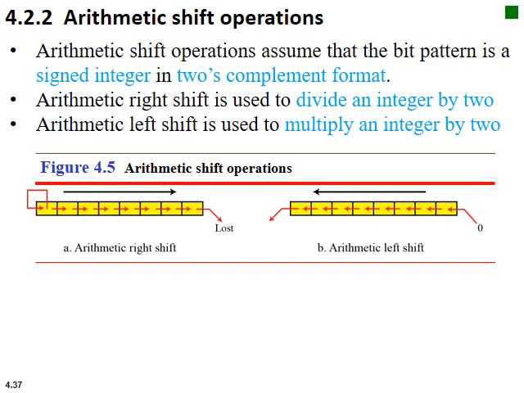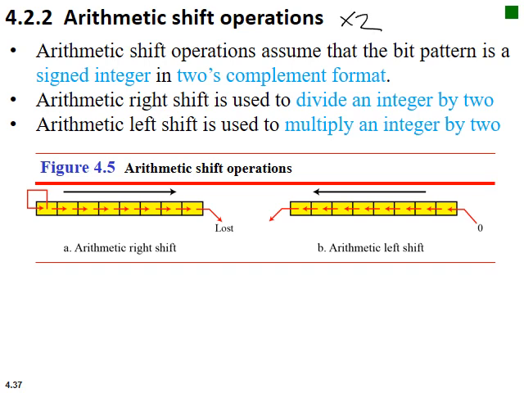Now the arithmetic shift operations will perhaps make a little bit more sense to you just now, because currently, I admit, we don't know exactly why we are doing the circular left and circular right and logic left and logic right shifts, but it will become clear later. We're going to use it later. So for the arithmetic shift operations, as we said, there are two types.